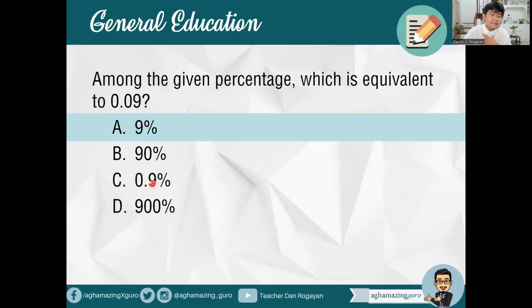Now 0.9% is usually 0.009 that is given there. So you will have your 0.9%. Now, for 900%, if it is a whole number, for example 9, that is 900%, and 8 is 800%.